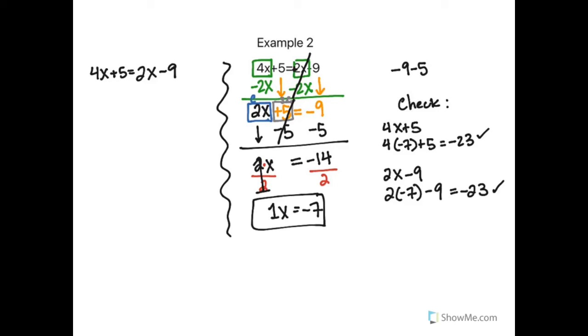So since I'm going to move the 4x to the opposite side, this is a positive 4x, so I'm going to subtract it. And again, I can only subtract couples from couples. So I'm going to subtract the 4x over here from this 2x on this side. I'm going to bring down this, the 4x minus 4x is going to cancel out. I'm going to bring down my 5 and my equal sign.